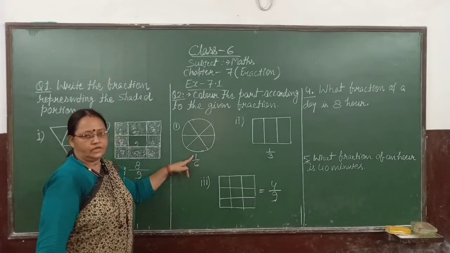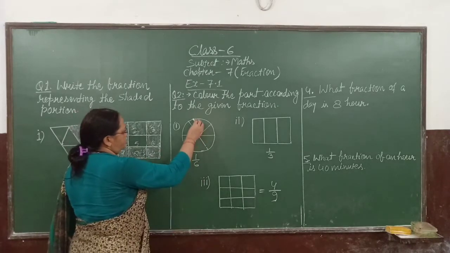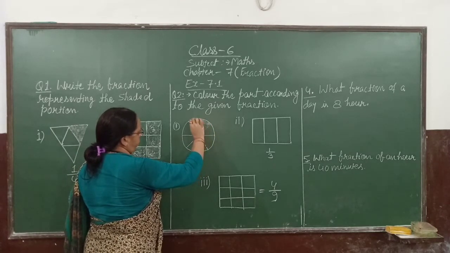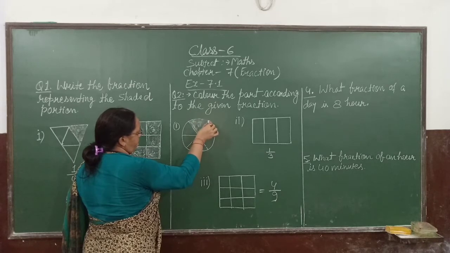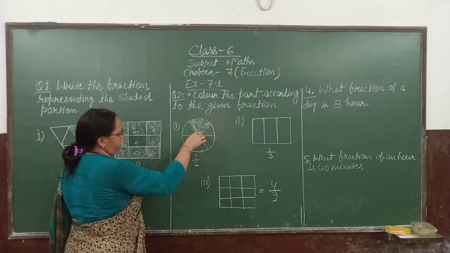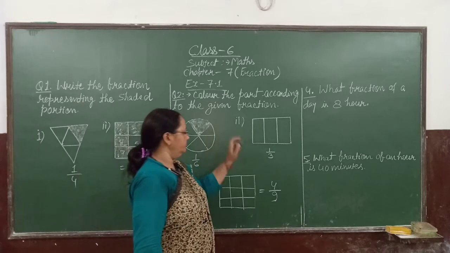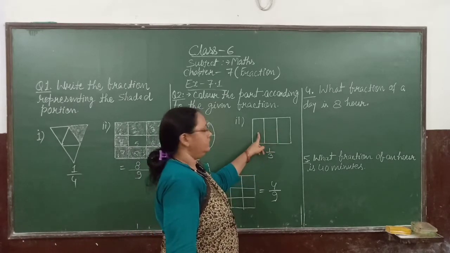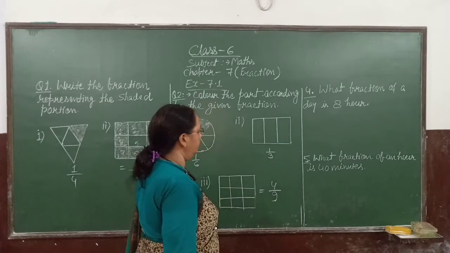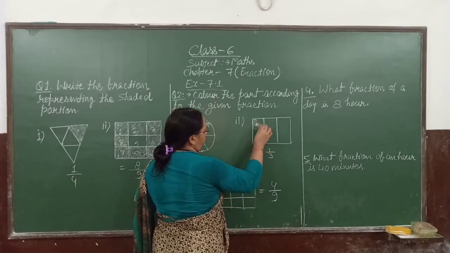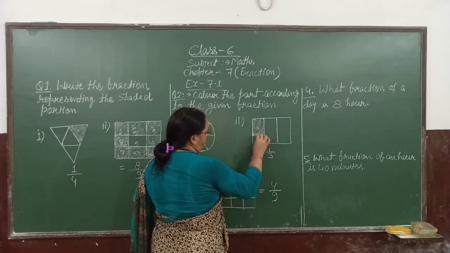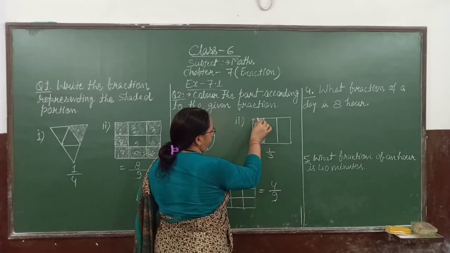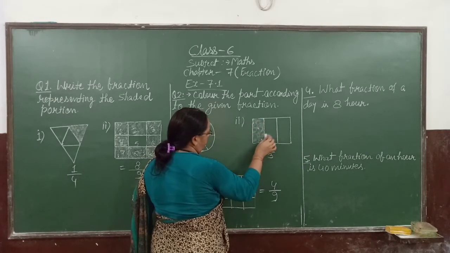We have to color one part only. So color it well. This is your required solution. Next, 1 upon 3 means 3 equal parts are given separately, and you have to color any one part of them. Any one part you can color.